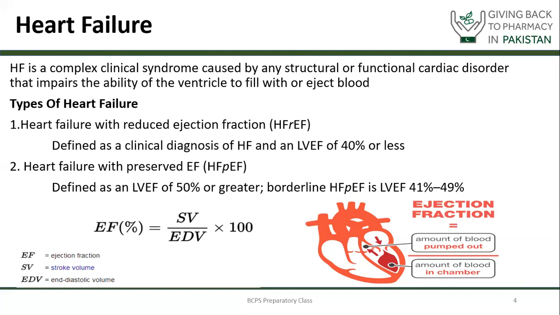Stroke volume means the volume of blood that comes out in a single stroke. End diastolic volume is the maximum volume of blood at the end of maximum relaxation, the maximum diastole. Multiplied by 100, it tells how much volume is pumping out from the heart, and how much is left behind.